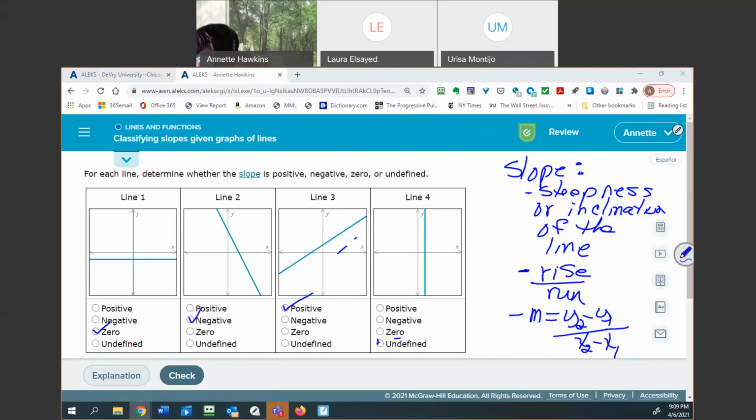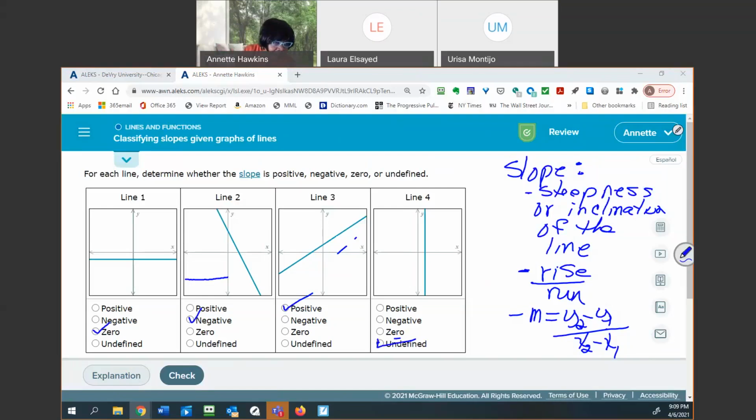This is a horizontal line. A horizontal line has a slope of 0. As I move from left to right, this line falls. If you move from left to right and the line falls, it has a negative slope. As I move from left to right here, the line is going up. So therefore, it has a positive slope. And this is a vertical line, and the slope is undefined.